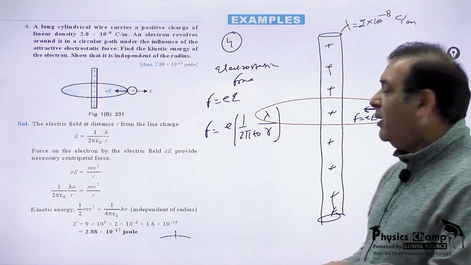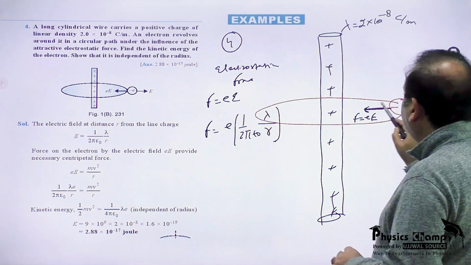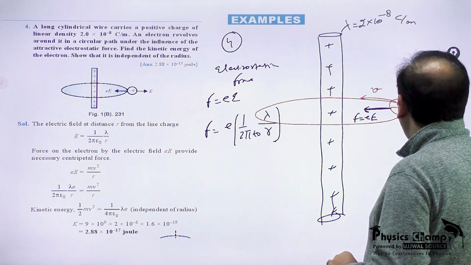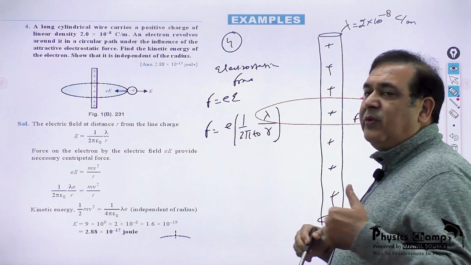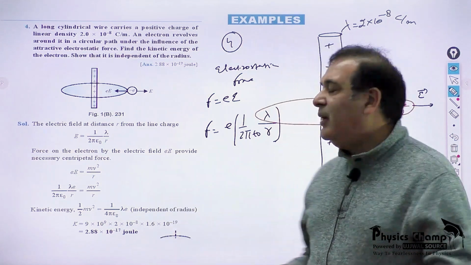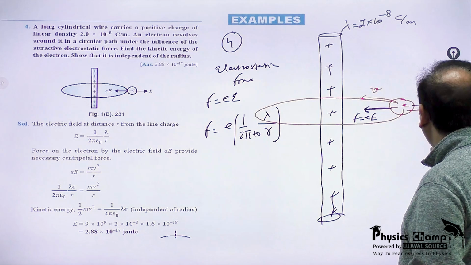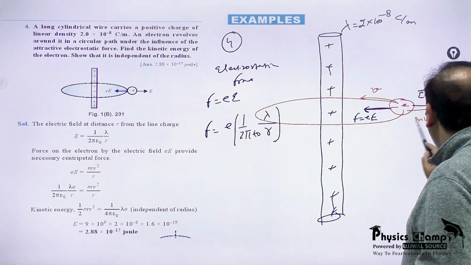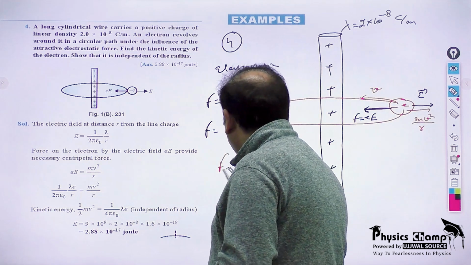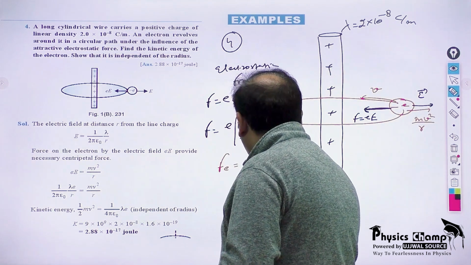Answer is no, because if the electron is revolving with a speed say v, then either we say the electrostatic force will provide necessary centripetal force to rotate, or we say the electrostatic force will balance the centrifugal force. So we can say the electrostatic force balances the centrifugal force.